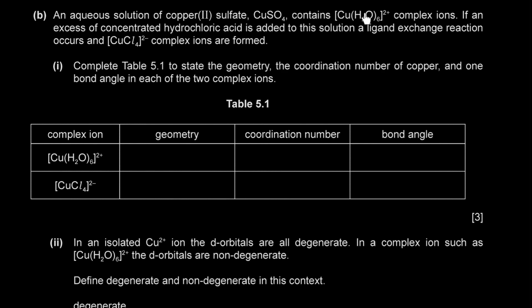The copper(II) hexa-aqua complex is an octahedral complex, a 6-coordinate complex with bond angles of 90 degrees. The copper(II) tetrachloride is a tetrahedral complex. Coordination number is 4 and bond angles are 109.5 degrees.